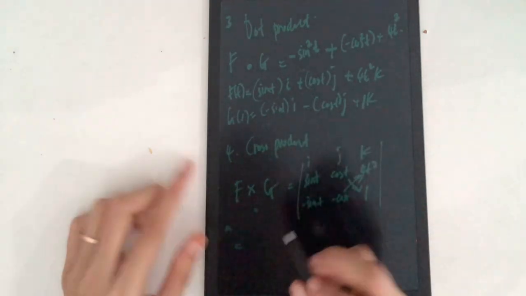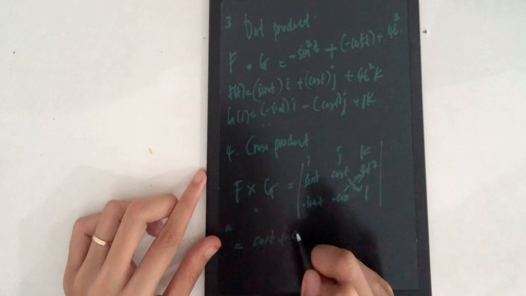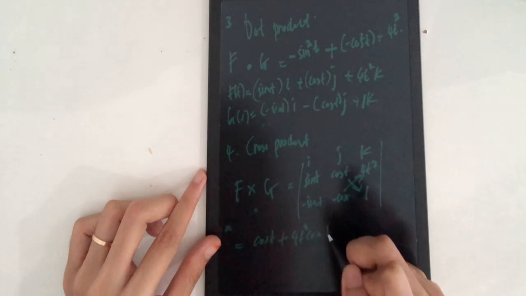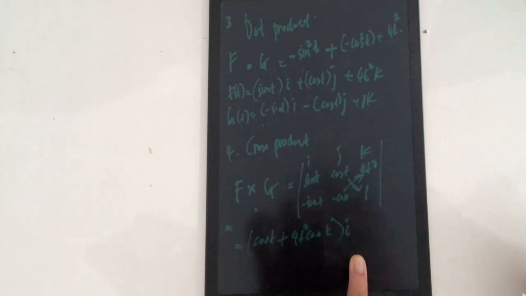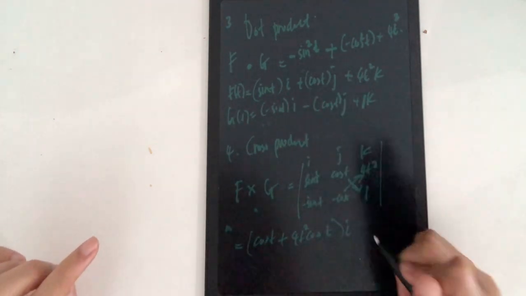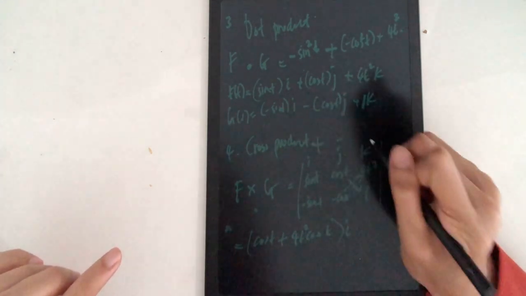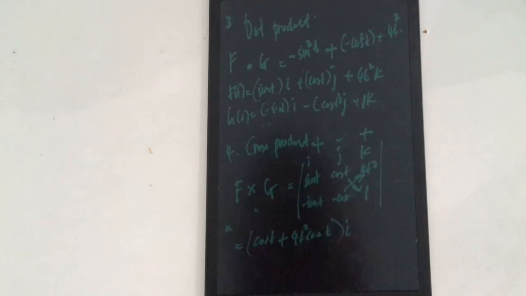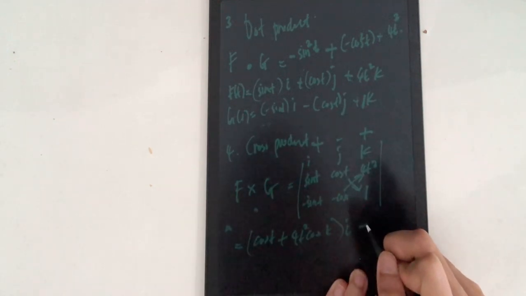So you will have cos t minus, so plus 4t square cos t, and this still has your i, j, k. Kena ada. So the next one plus or minus. It's similar to what we do in the matrix chapter. Plus, minus, plus. So the next one is minus.